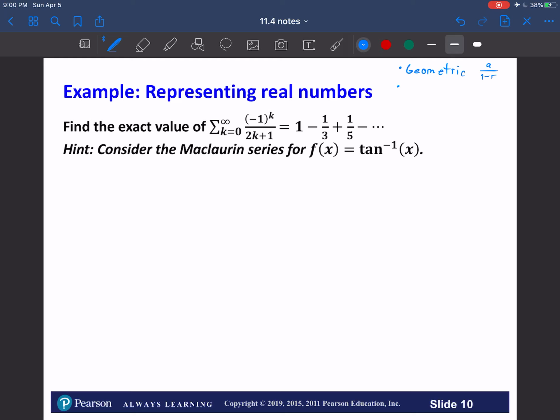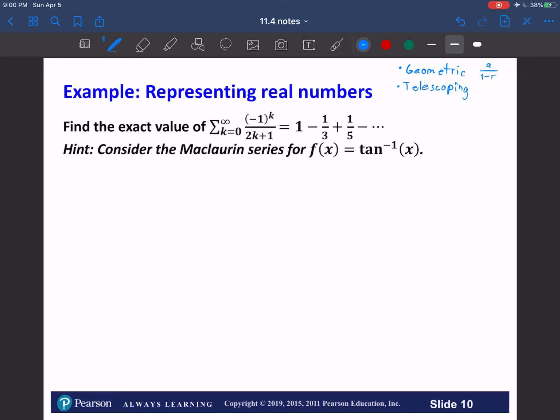And the second one was a telescoping series, a very limited type of series, where you had to calculate the partial sum Sn, and then you would take the limit as n goes to infinity of that thing. So up to this point, these are the only 2 types of series for which we know how to exactly evaluate series.